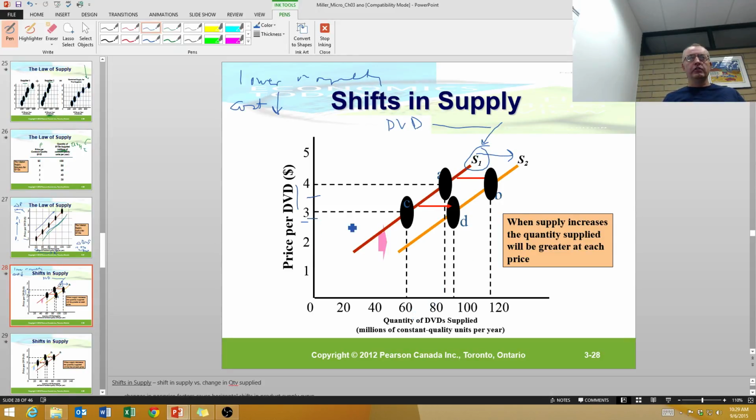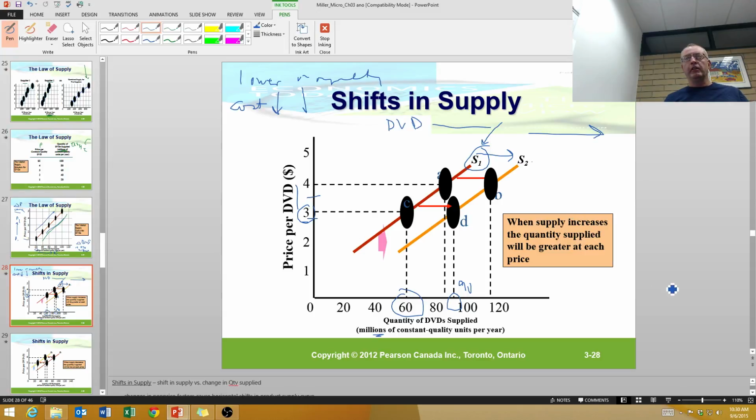At $3, they're willing to supply 60 million DVDs, or that's the industry as a whole, 60 million DVDs per year. And when the price of royalties declines, the whole supply curve itself shifts to the right. And so at the market price of $3, the industry is now willing to produce 90 million DVDs, and so on along the entire curve.